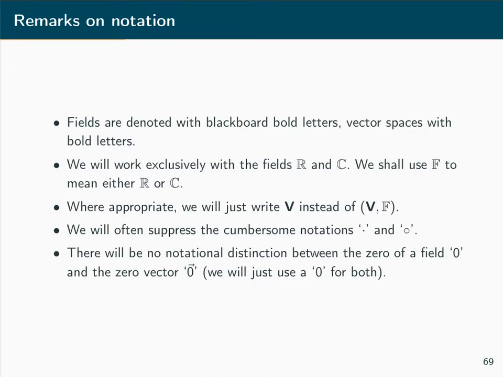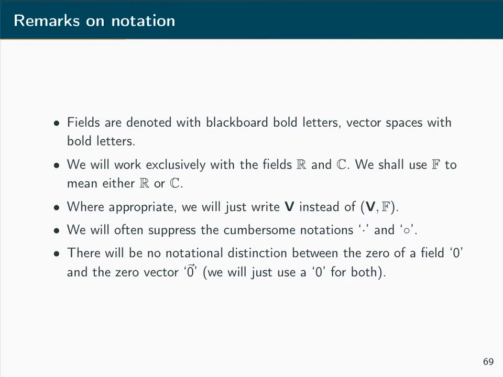Where appropriate, we will be brief and abbreviate the vector space, which is always a combination of a set of vectors and a field, simply with the vector space V, because in these situations the field that we use will be obvious. We will also often suppress the cumbersome notations of the multiplication dot of the field and the scalar multiplication of the vector space.